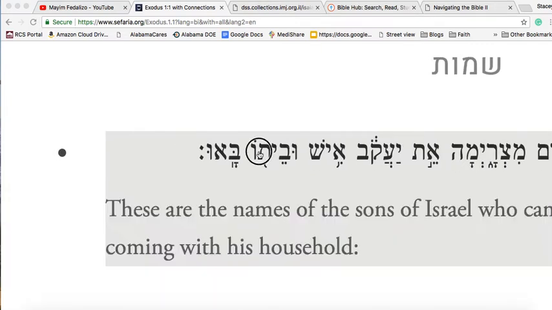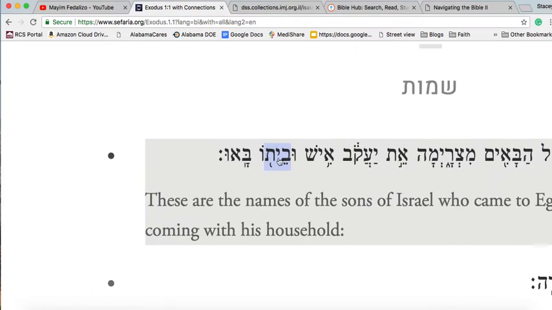And this word right here, as you can see, beit yod tav, is the word for house. Okay, so it goes the man is house. So these on either side, they are the prefix and the suffix, and I don't want to confuse you too much on this right now, but basically it's saying that this is the house of Jacob. This is the house of this man Jacob.